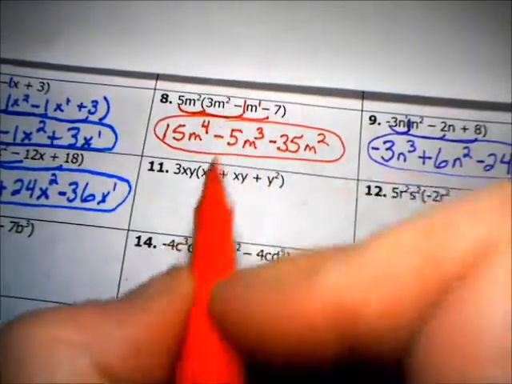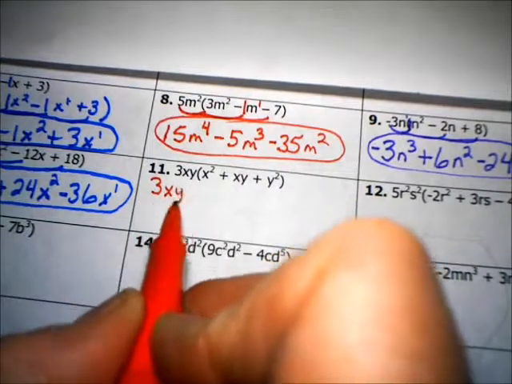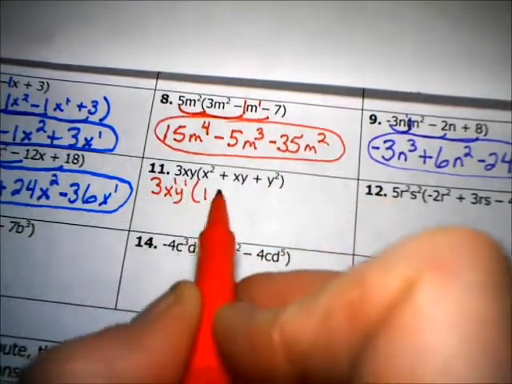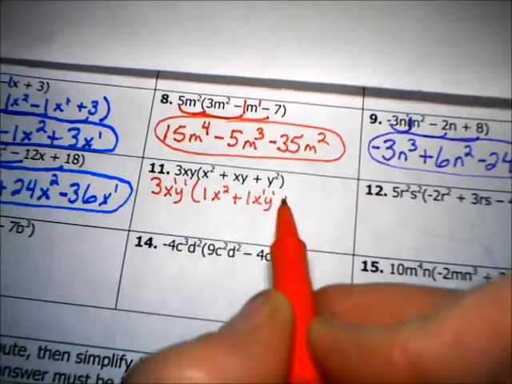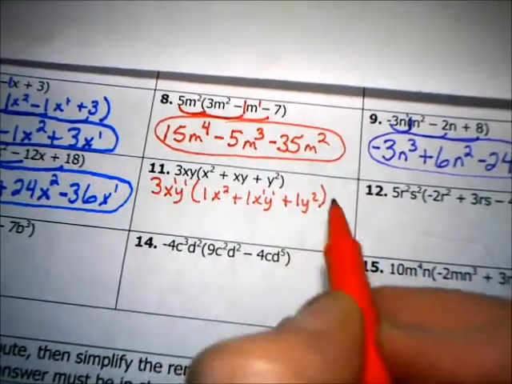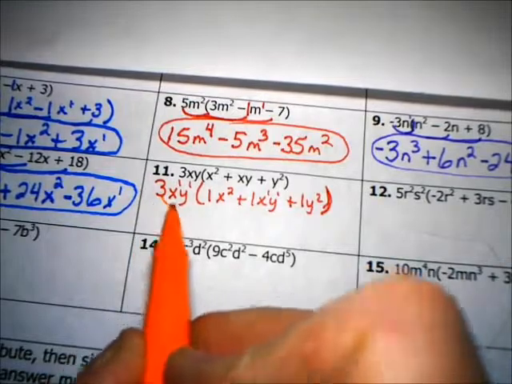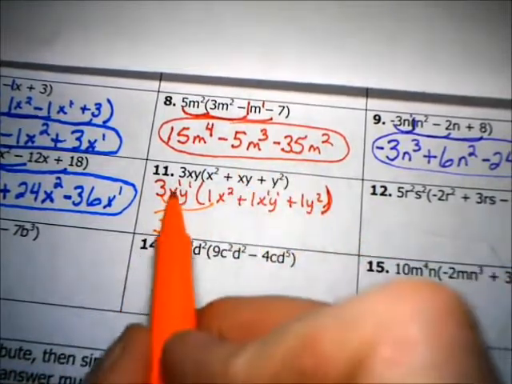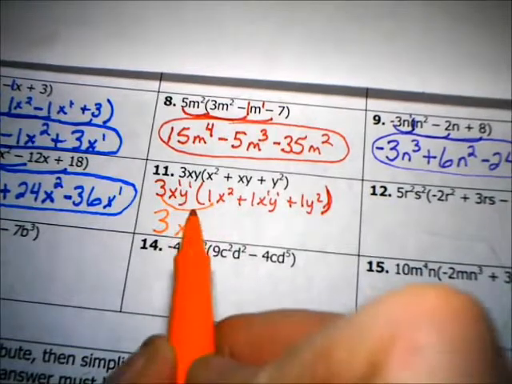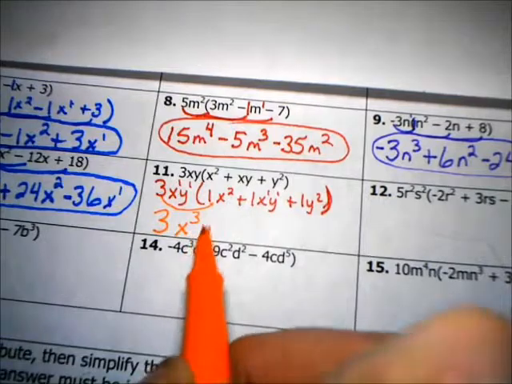On number 11, they are missing all their 1's inside here, so I'm going to go ahead and rewrite this one just for safety's sake, so I can look at everything. And if I multiply this in, 3 times 1 is still a 3. x¹ and x² is now x³, and then they have the y. I don't have a y in here, so just bring it over as it is.